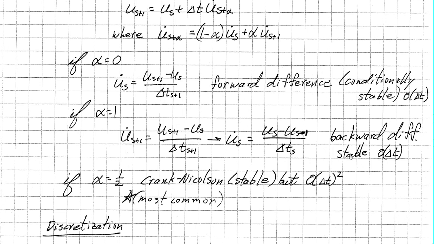It's stable and it has order delta t accuracy. And here's the form. Crank-Nicolson is if alpha equals 1/2. But not only is it stable, it's order accuracy delta t squared. This is most commonly used. It's more accurate and it's stable. Alright?